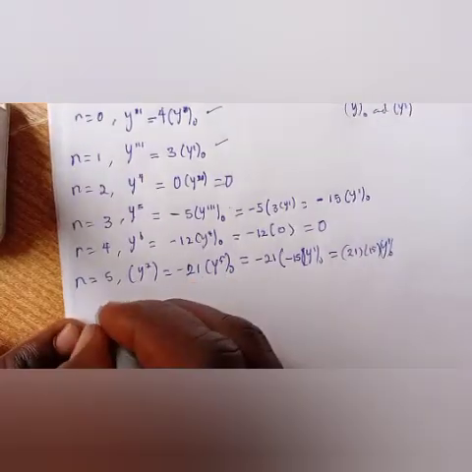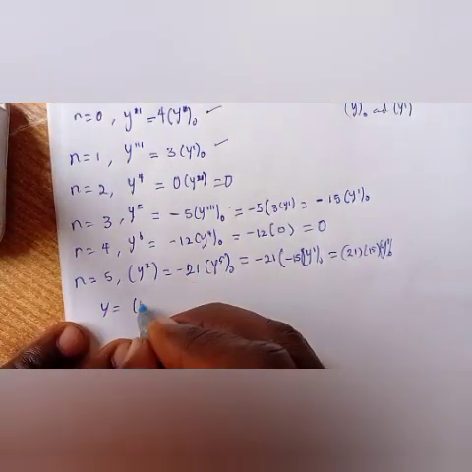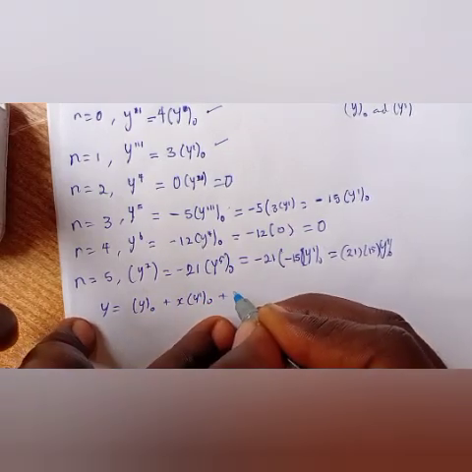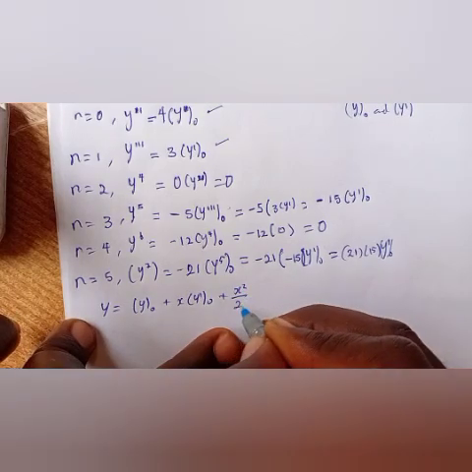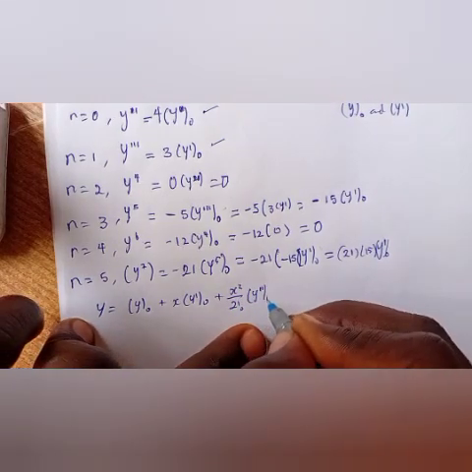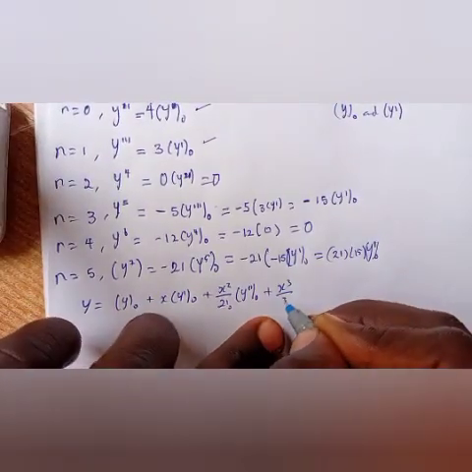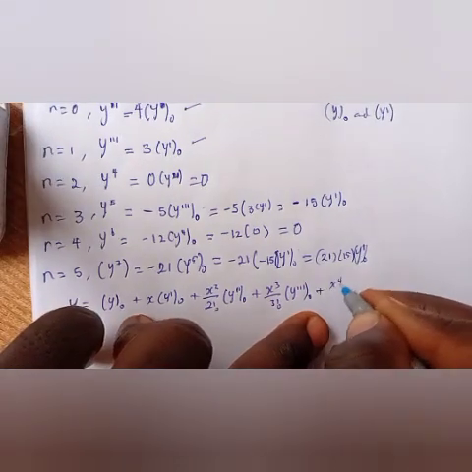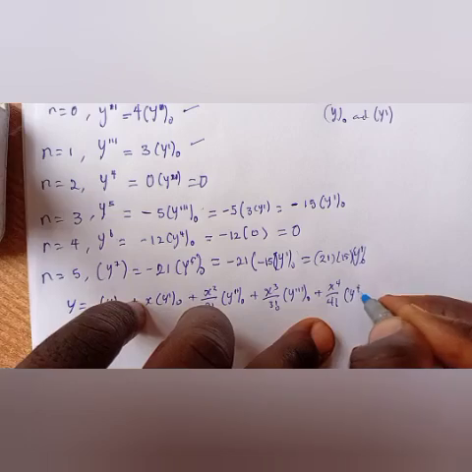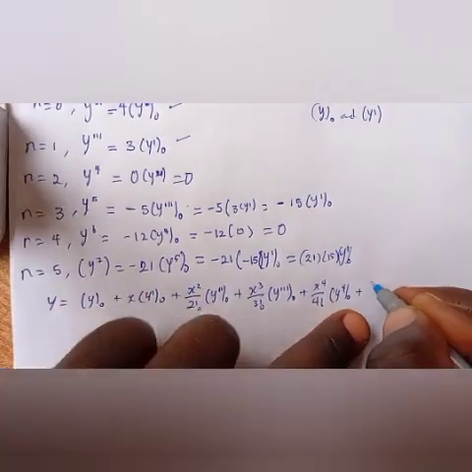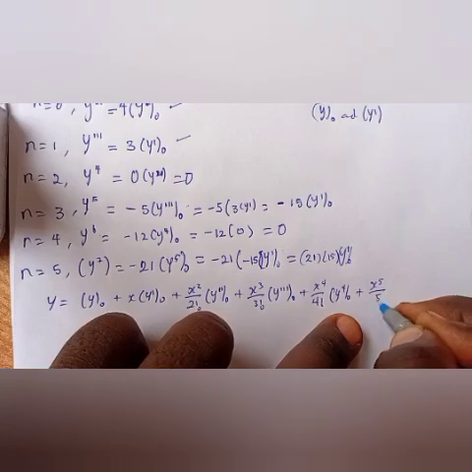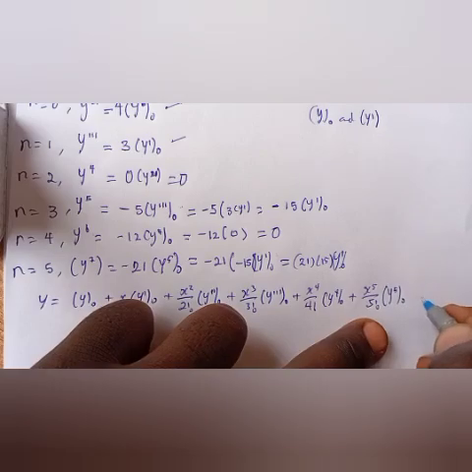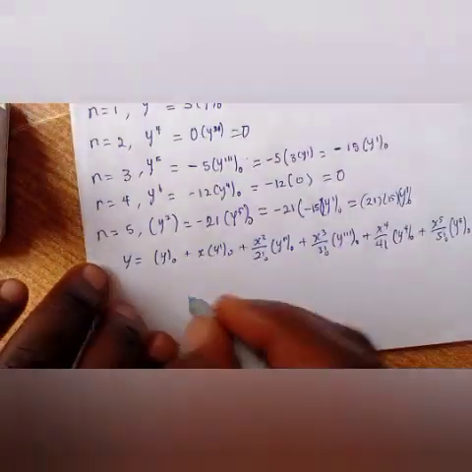Now the first thing is to write out our Maclaurin formula, which is this, plus x y1(0) plus x squared over 2 factorial y2(0) plus x cubed over 3 factorial y3(0) plus x to the 4 over 4 factorial y4(0) plus x to the 5 over 5 factorial y5(0) plus, and so on, and the remaining ones you can write yourself.